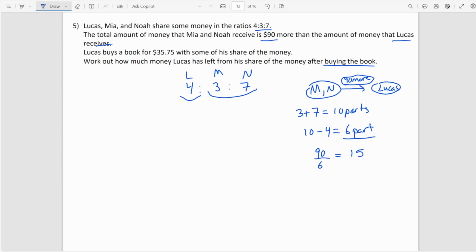Now that I've figured this out, I can know how much Lucas received from sharing the money, which will be 4 times 15, because he has 4 shares. Now this gives us $60. All right. Now we know that Lucas bought a book for 35.75. Now how much does he have left?